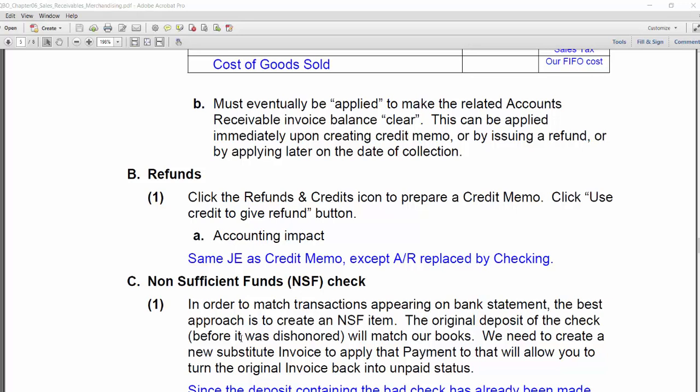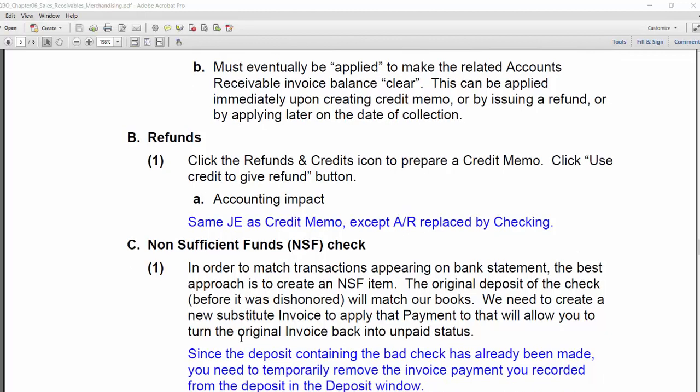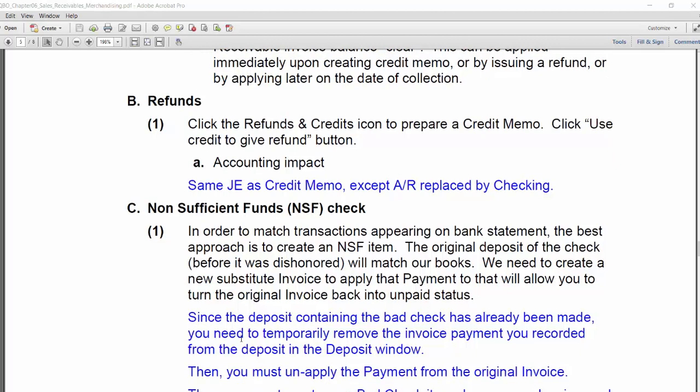So essentially whatever receivable we collected, we didn't really collect it, but there's a dirty trail of transactions that we need to capture. Since the deposit that had the bad check has already been made, you have to go back into the deposit window, undeposit it, edit the bad check collection, and unapply that from the original invoice.